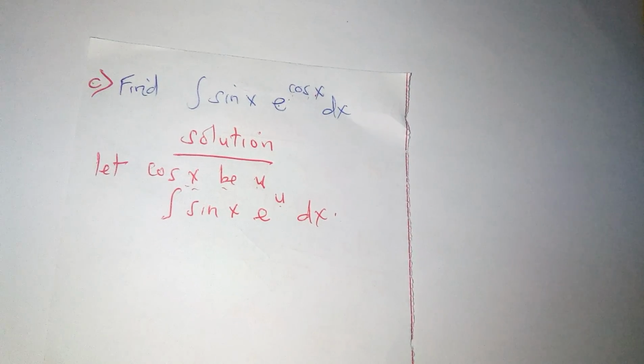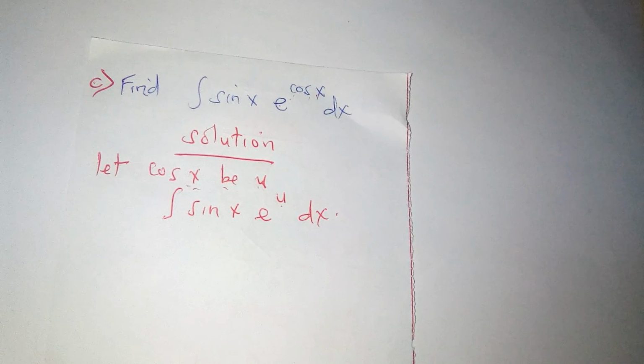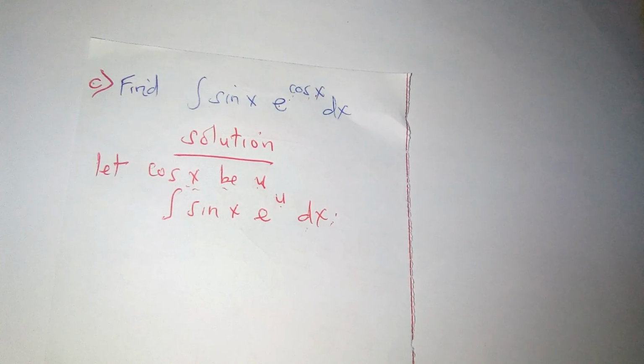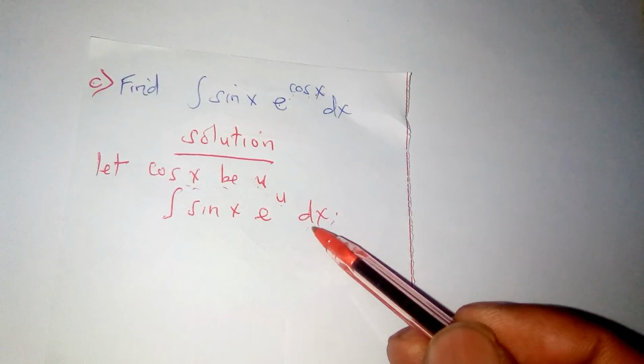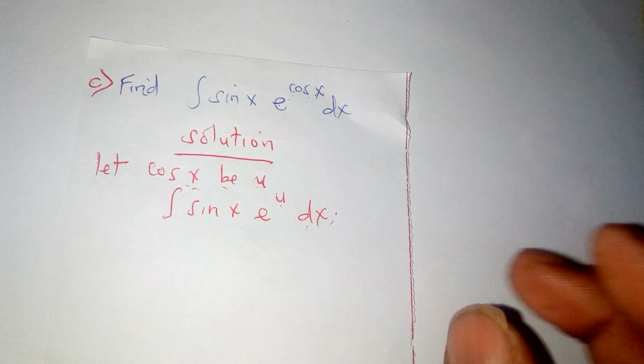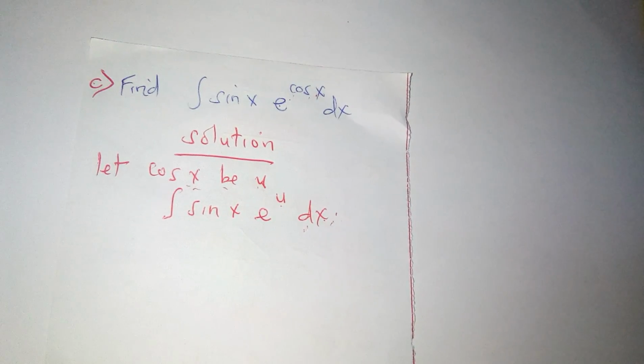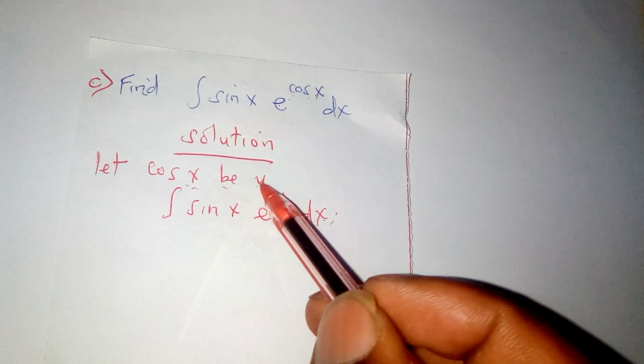Now the method was substitution, and as you can see, what we are substituting is dx, so that we can integrate the remainder. So you are supposed to find a way to substitute this dx, and that can only be through differentiating du dx.